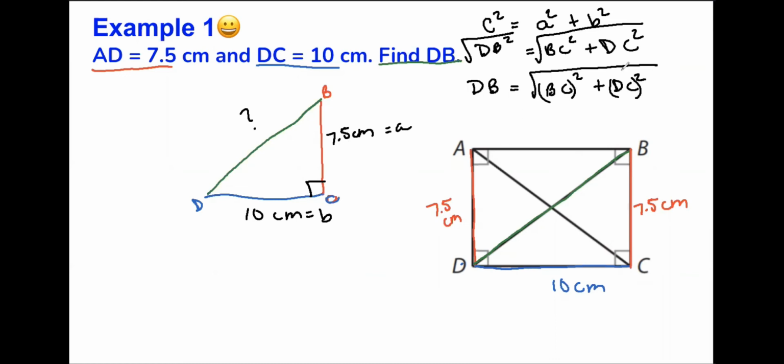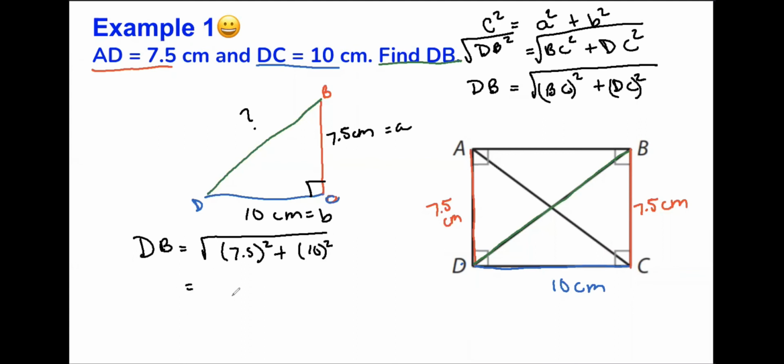So let's use our formula now so that we can substitute all those values here. We have DB equals the square root of BC, which we said was 7.5, squared, plus DC, which is 10, squared.